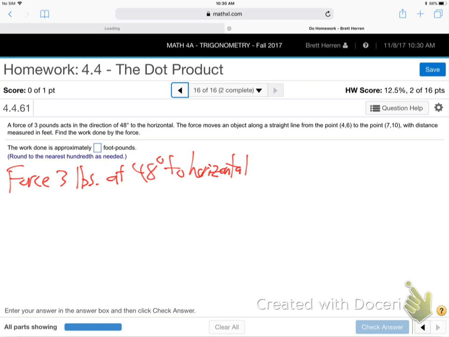And the distance, the movement, goes from 4, 6 to 7, 10. So you've got to get both vectors. It's all about get the force vector, get the distance vector, and dot them. And you'll have the work.